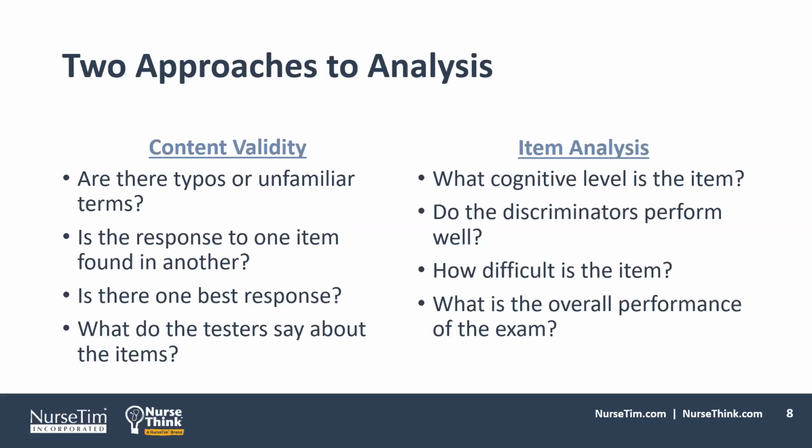When we look at item analysis, we think about the cognitive level of Bloom's. Is this a low-level item? Is this a high-level item? We look at each of the discriminators to see if they're performing well. We want to recognize how difficult this test item is, what its level of difficulty is, and what the overall performance of the exam is. So very different steps in the analysis process.